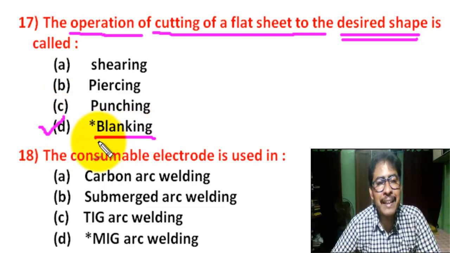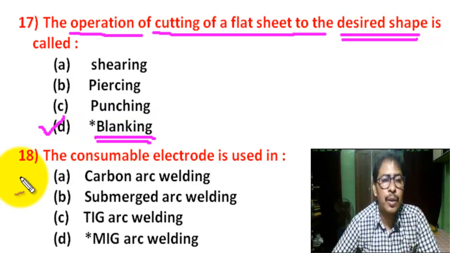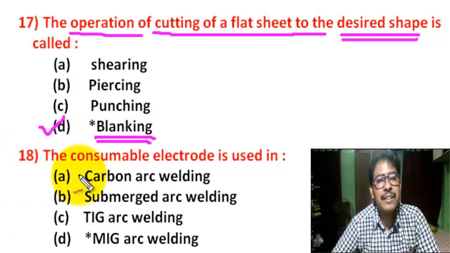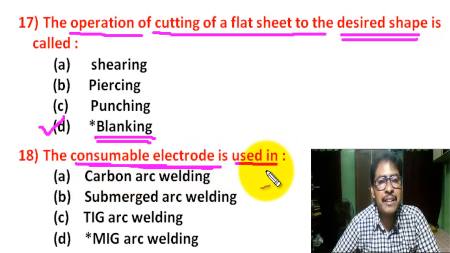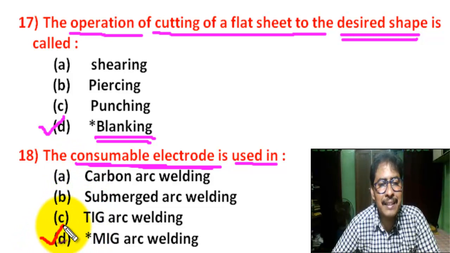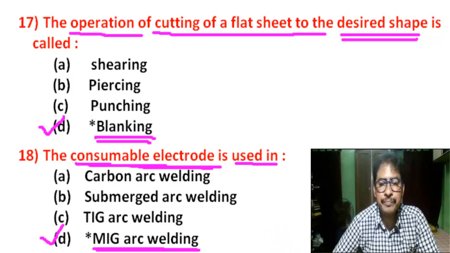Correct answer is D, blanking. Question number 18. The consumable electrode is used in, there are 4 options. Correct answer is D, metal arc welding.